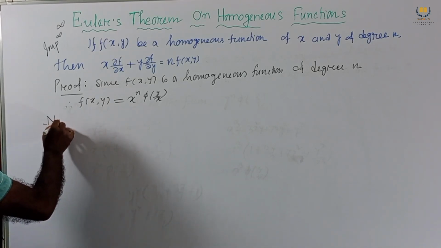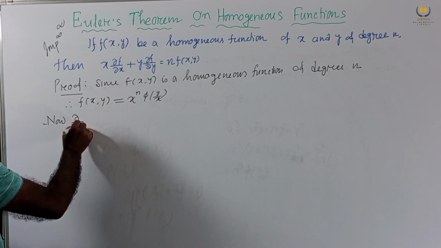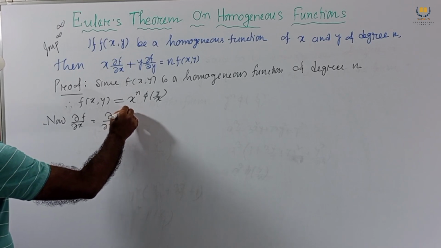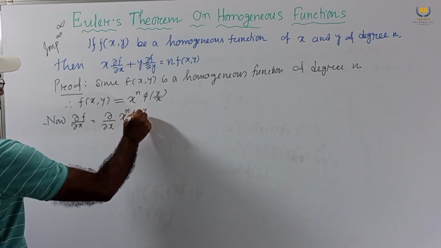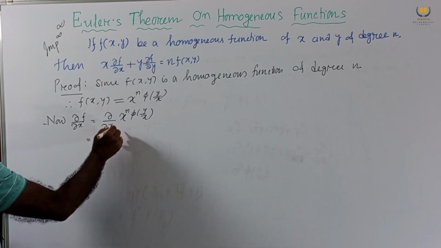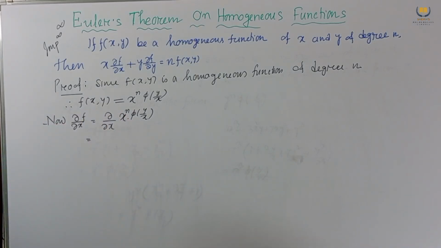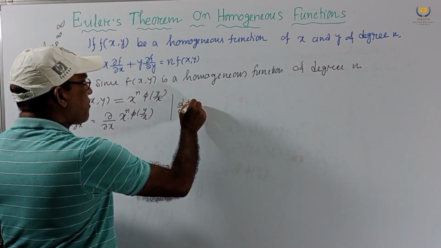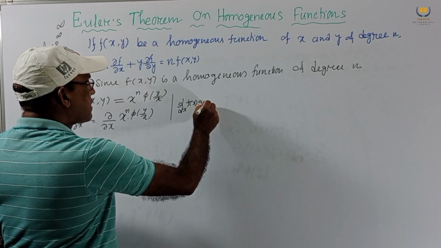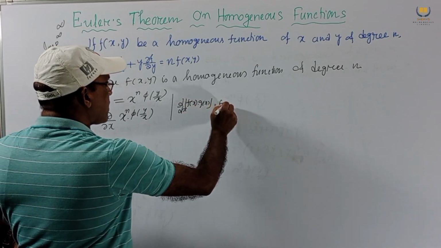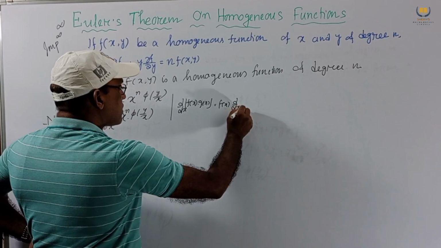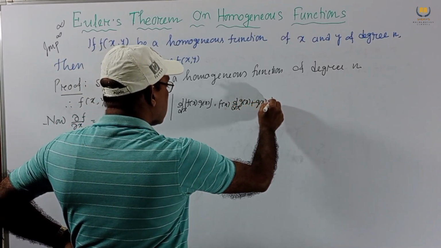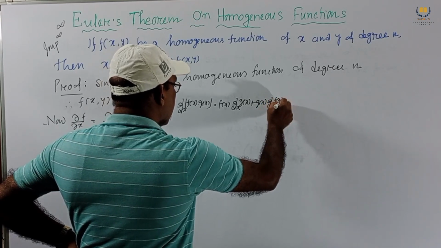Now del f by del x equals del by del x of x to the power n phi of y by x. This is a product of two functions. I recall the product rule: d by dx of f(x) times g(x) equals f(x) d by dx of g(x) plus g(x) d by dx of f(x).